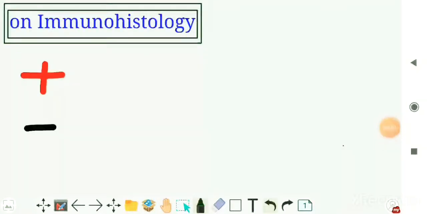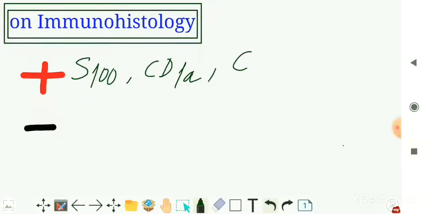On immunohistology, Langerhans cells are positive for S100, Hendron, CD1a, and CD207. CD207 is also known as Langerin.